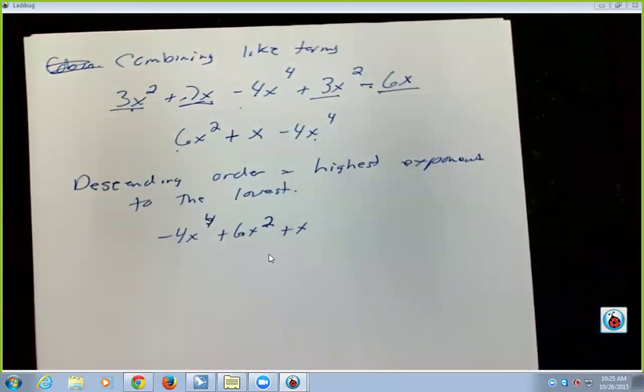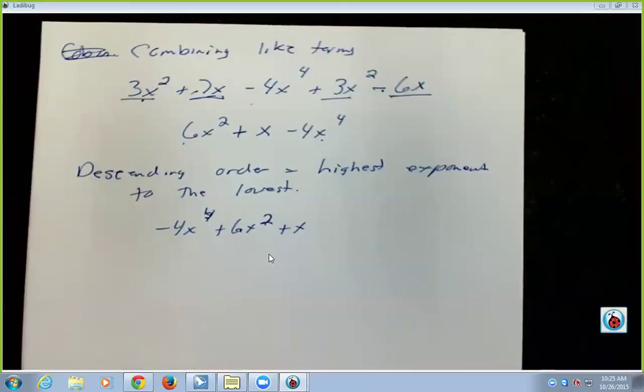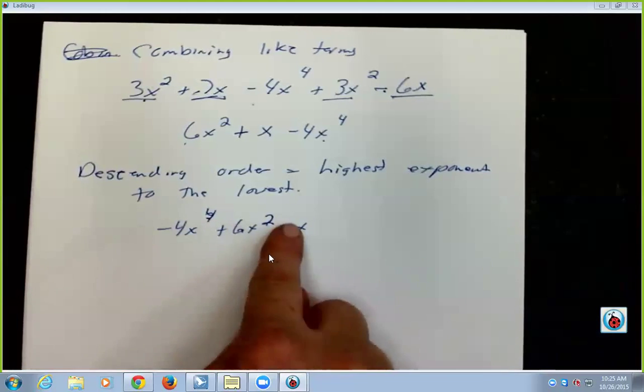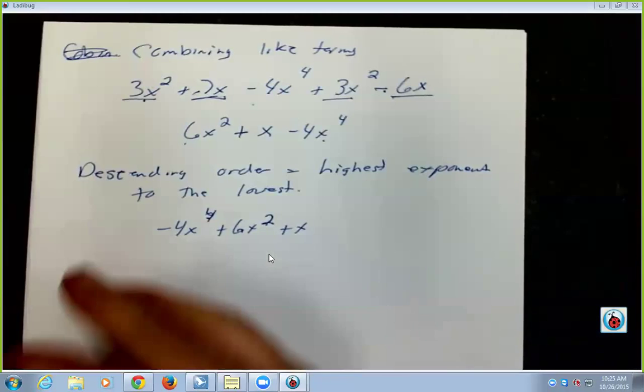Okay? So if it asks you for descending order, that's what's meant by that. We need to do descending order because as we get to the tail end of chapter 5, which is 5.7, it's going to be dividing, and we need to have all of our stuff in descending order. So we got to make sure we get them in that correct order and correct sequence with those.